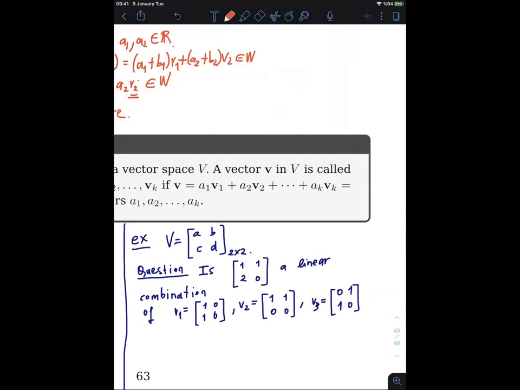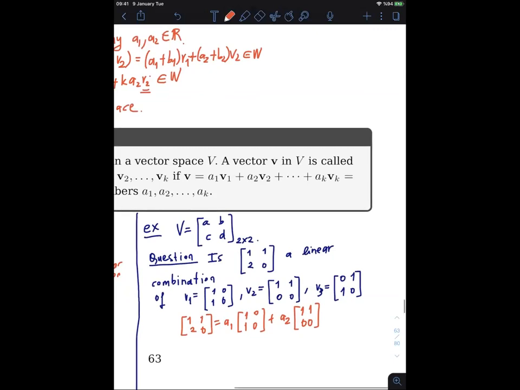Let's look at it. What is at stake here? We need to show whether this given matrix can be written as A1 times V1, which is 1, 1, 0, 0, plus A2 times V2, which is 1, 1, 0, 0, plus A3 times V3, 0, 1, 1, 0.